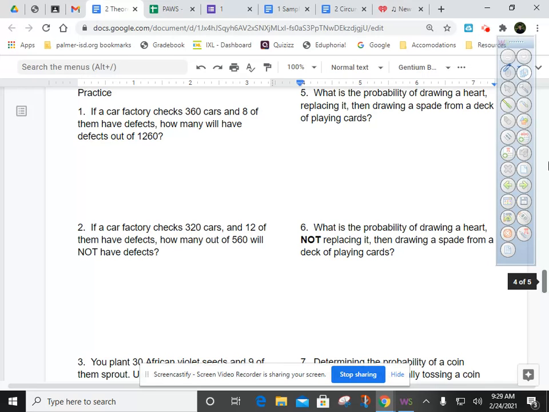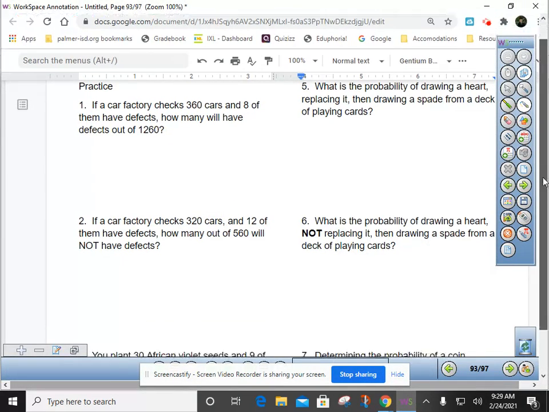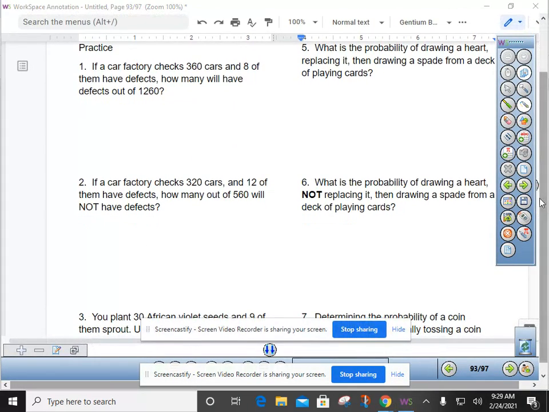Number 1. If a car factory checks 360 cars and 8 of them have defects, how many will have defects out of 1,260? Probability and proportion.